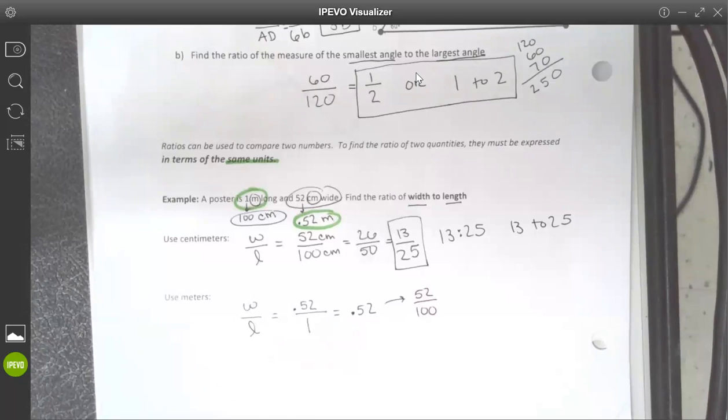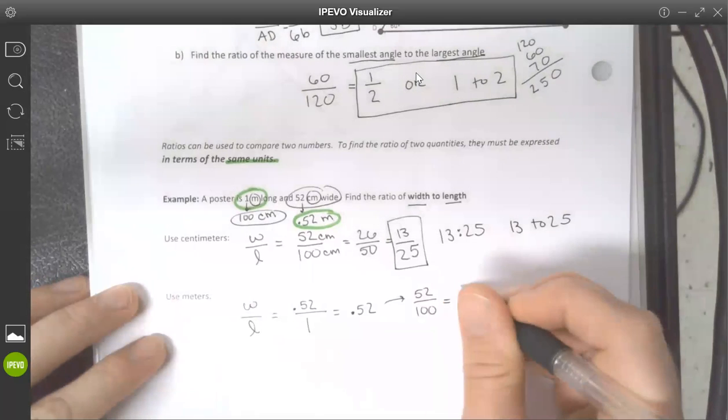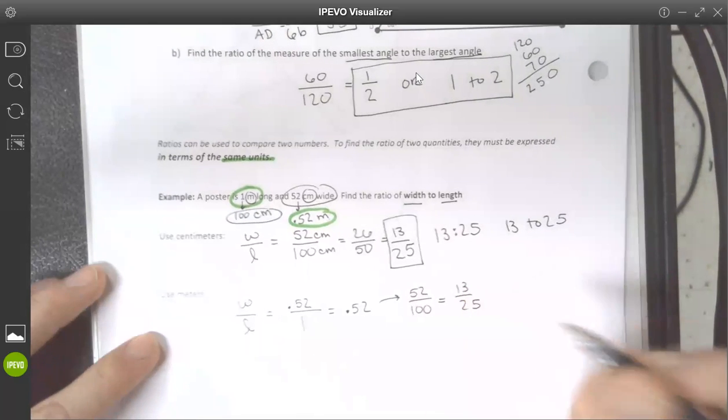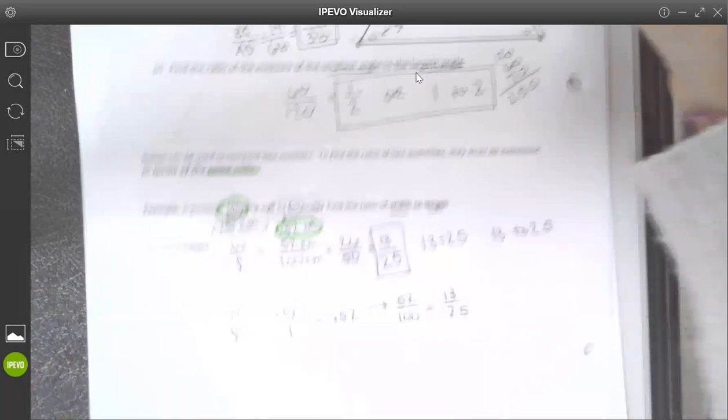We haven't talked about that in a while. This is like a pre-algebra thing we talked about. This is in my tenths place, that's my hundredths place. So 0.52 is 52 hundredths because the decimal ends in the hundredths place. And then I'm here and I can reduce from there. Okay, so there's our ratio.